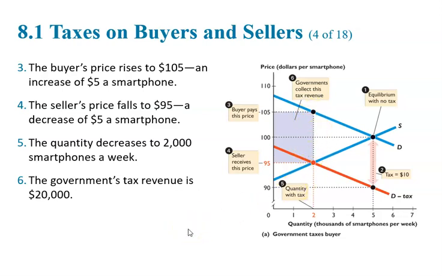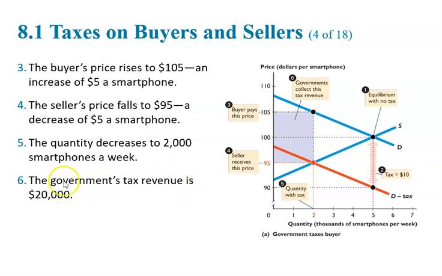So you can easily see that the equilibrium quantity decreases from 5,000 units to 2,000 units, and that makes intuitive sense, because whenever a tax is imposed, things become expensive, and that's why the equilibrium quantity of that product will decrease.